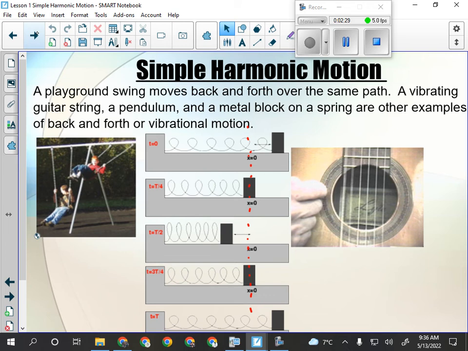If you play the drums, the skin of the drum vibrates at a certain frequency. String instruments, obviously the string vibrates at a certain frequency. So everything has something that is oscillating back and forth, and then the design of the instrument helps to create interference that can amplify the sound naturally or acoustically.